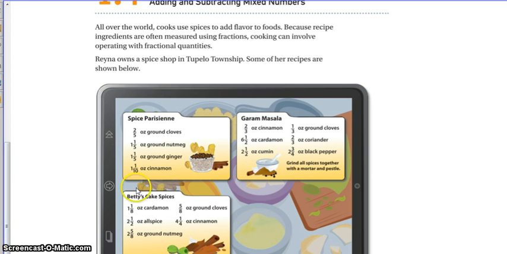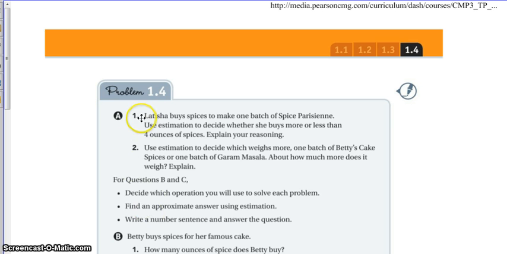So here is the different amounts of spices. So we've got the recipe for spice parsimony, garam masala, and Betty's cake spices. So what we're going to do is we're going to look over here at number A1. We're going to take a look, and it says that Letitia buys spices to make one batch of spice parsimony. Use estimation to decide whether she buys more or less than 4 ounces of spices and explain our reasoning.